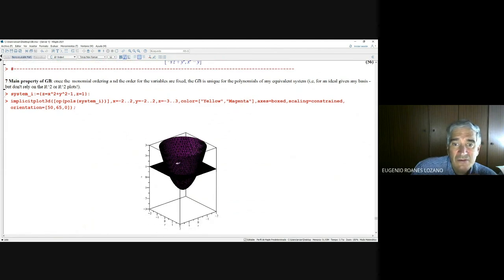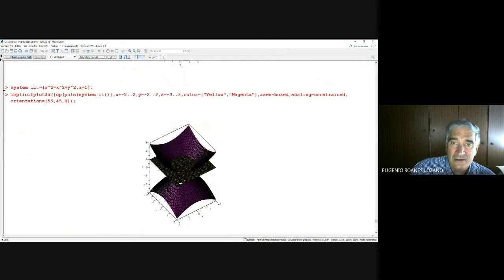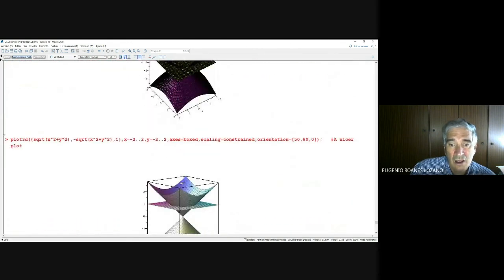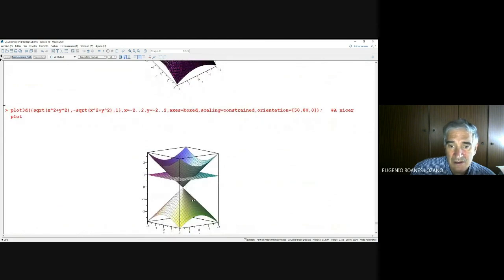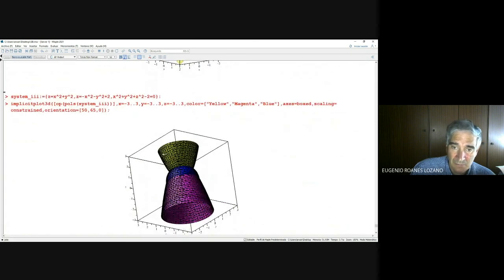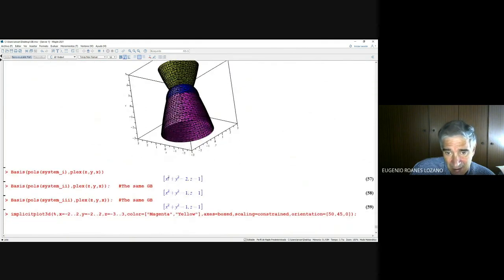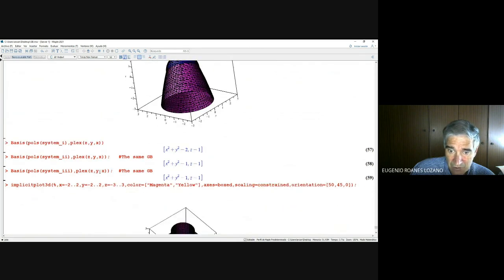For instance, if we give the circumference as the intersection of this paraboloid and this plane, or in this way as the intersection of a plane and a cone, or in this way as the intersection of a sphere and 2 elliptic paraboloids, in all cases the Gröbner basis is the same if we use the same ordering for monomials and the same ordering for the variables.